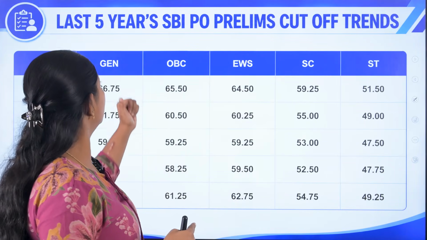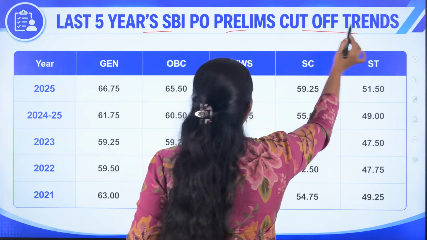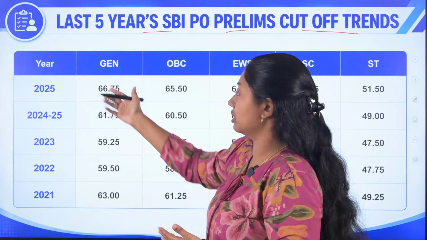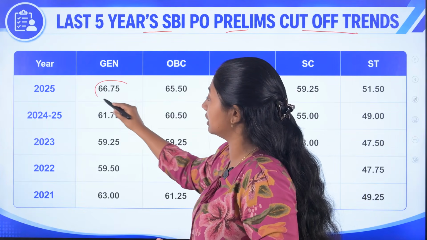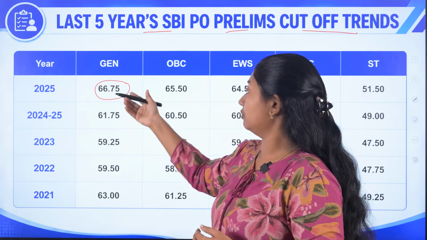Let's look at the last 5 years of SBI PO prelims cutoff trends. For the most recent year, 2025, the general category cutoff is around 66.75 out of 100.